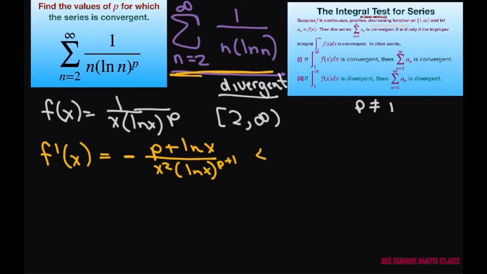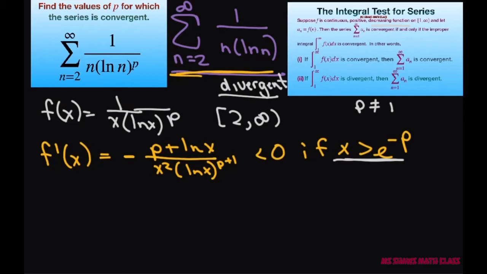Now this is negative only if x is greater than e to the power of negative p. That's a little trick you have to know. If you substitute in x with e to the power of negative p, then it will be negative. So that means it's eventually decreasing, and we can use the integral test.